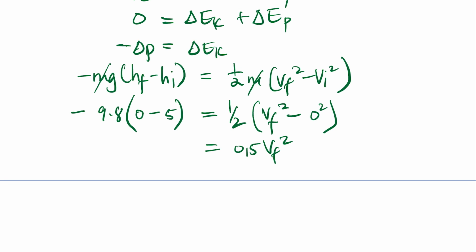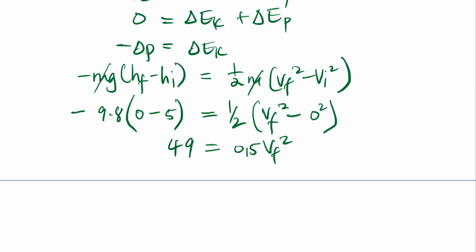So when we punch that in the calculator, let me quickly do it. Sorry about the noise, guys, my child is making noise in the living room. So it's negative 9.8 times 0 minus 5. That's 49.